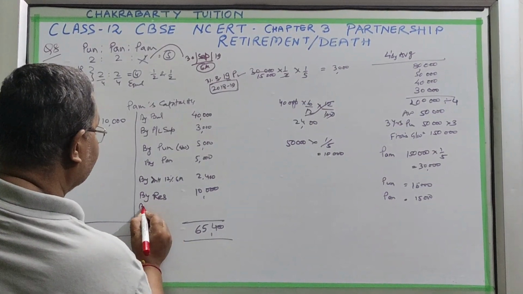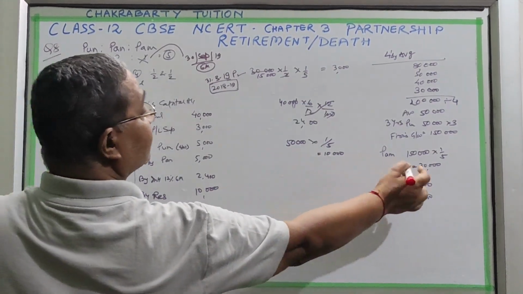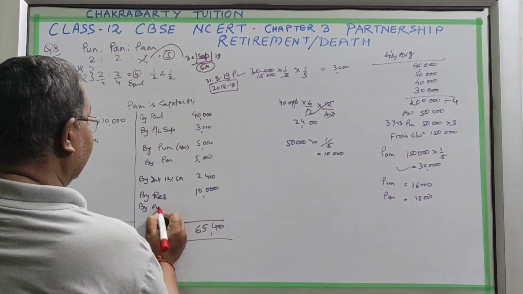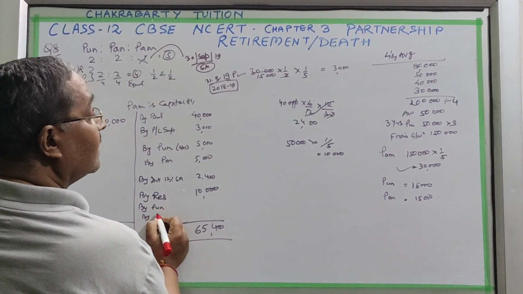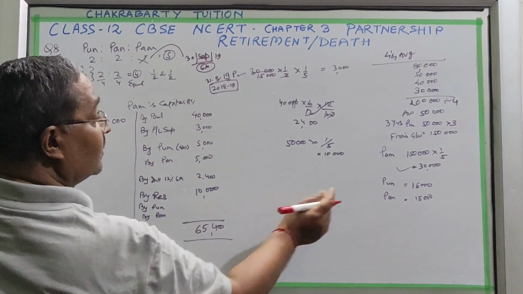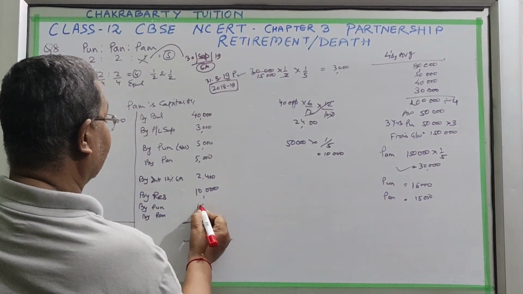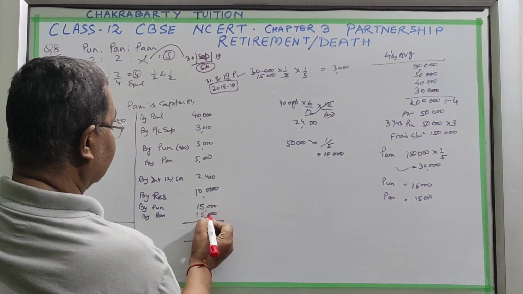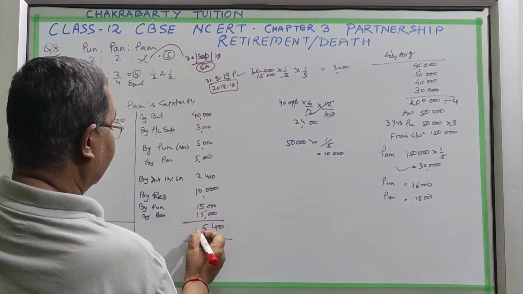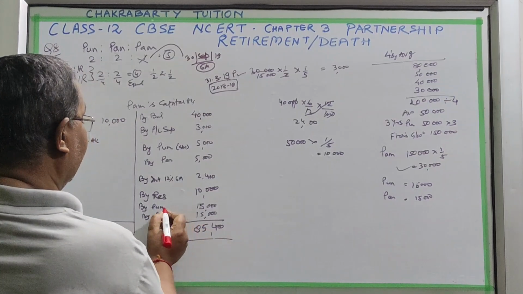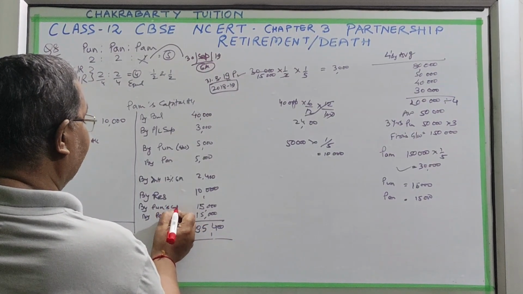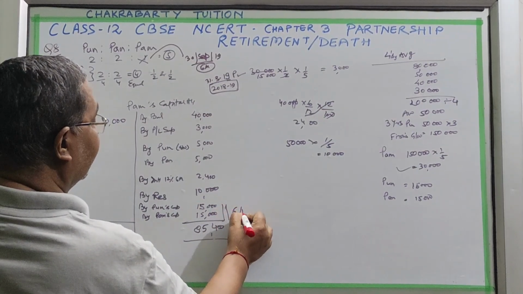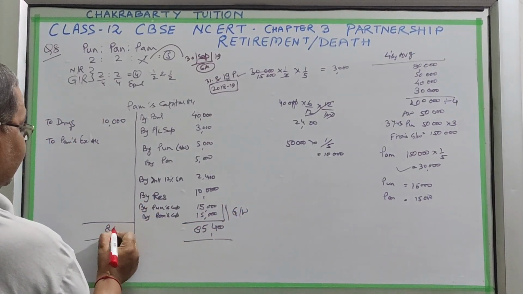Then by goodwill also he has to get 30,000. This goodwill will be given by Puneet and Pankaj, 15,000 each. So this side will come to 85,000, and it is the Puneet's capital and Pankaj's capital total for goodwill.